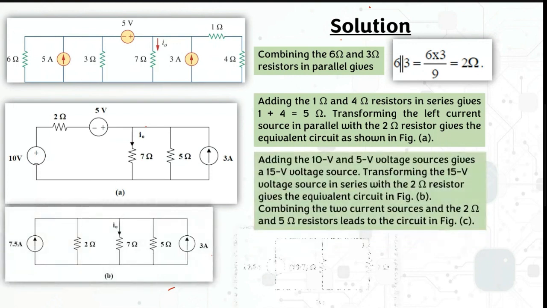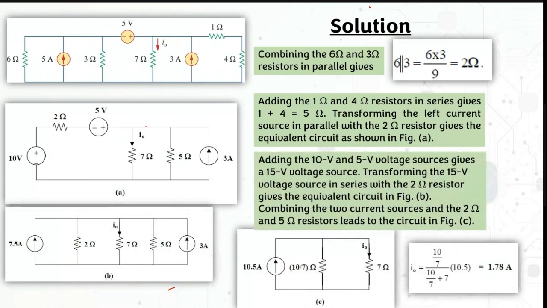For this one, you have this circuit. Just look at this part: this 6 and 3 ohm are in parallel, so you can combine them. 6 parallel with 3 gives you 2 ohm.